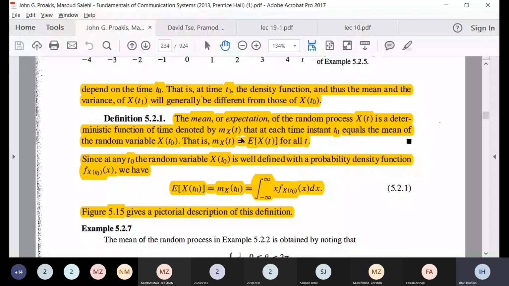This definition holds because if you take any t, X(t0) becomes a random variable, and a random variable has its PDF, and you are just finding its mean for that fixed t. So you can extend it for any t, and you will get the mean for any t. The expectation at fixed t, or the mean at fixed t, is nothing but the random variable itself times its PDF, as we used to find the mean of a random variable.